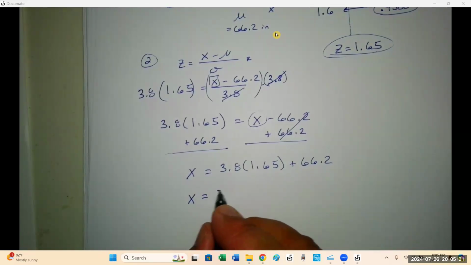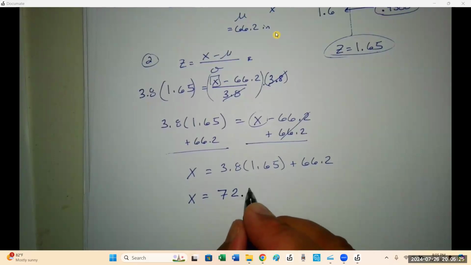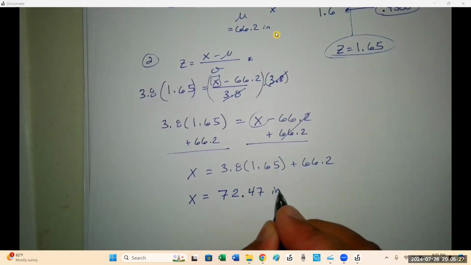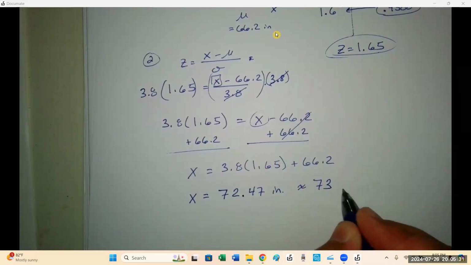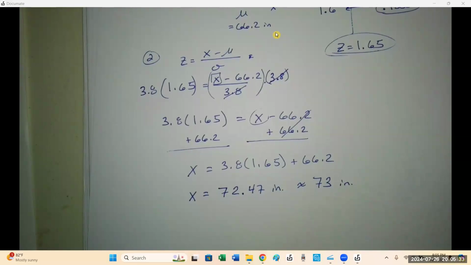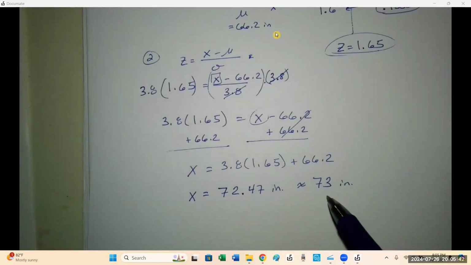That is 72.47 inches, which we round up to 73 inches. Well, that's pretty close, because if they're saying 80 inches and we have 73, then more than 95% of people will walk through without hitting their heads.